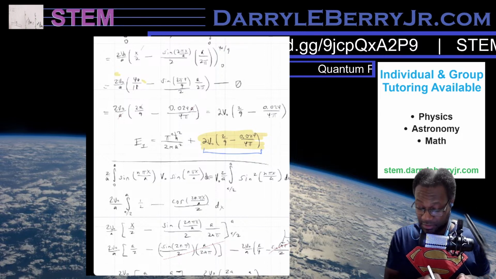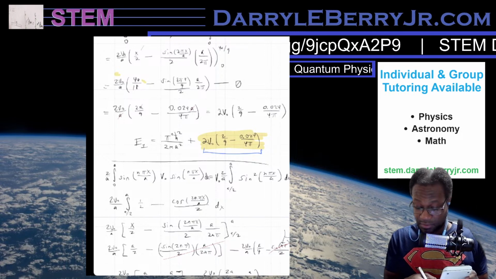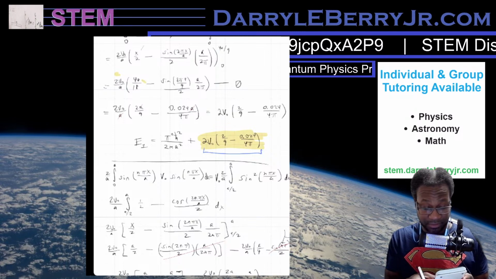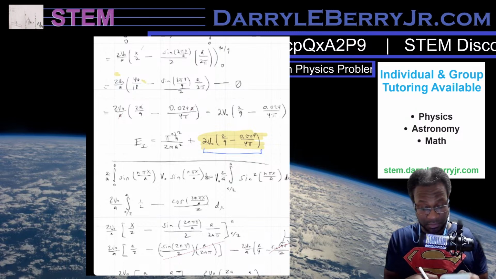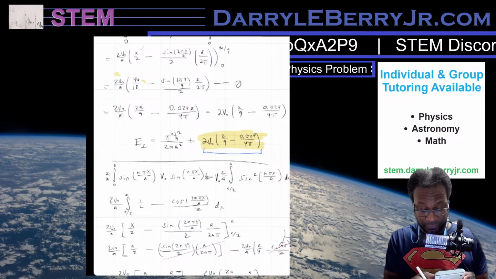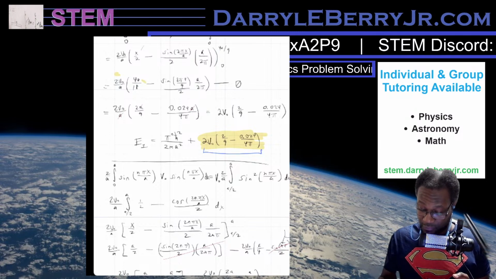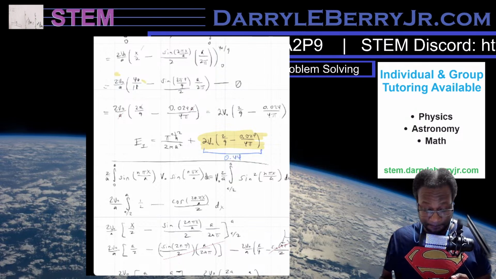So this part here is 2 times 2 over 9 minus this. So that's 0.44 v naught.